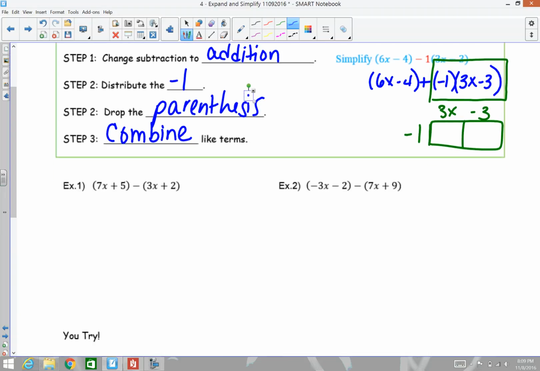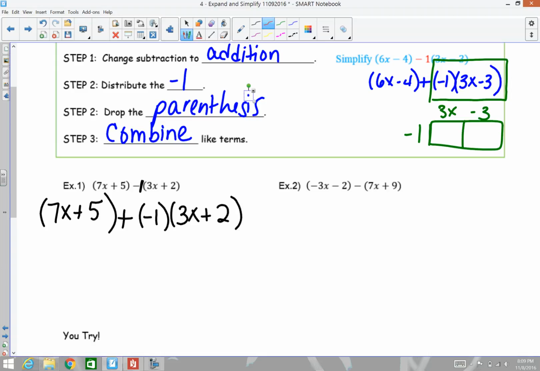Okay, so again, we're going to keep the first parentheses, change subtraction to addition, and change this secret 1 to a negative 1. And this becomes the box.